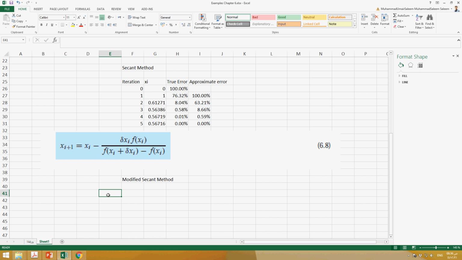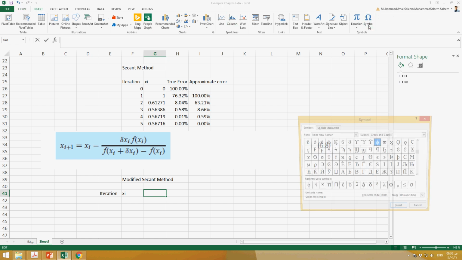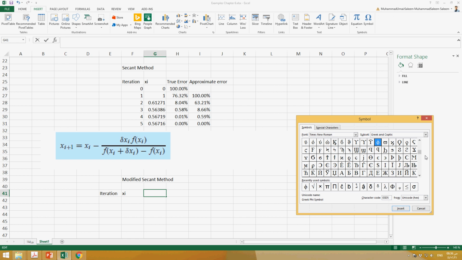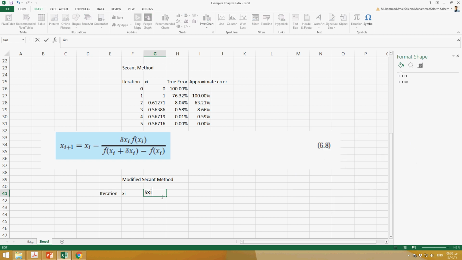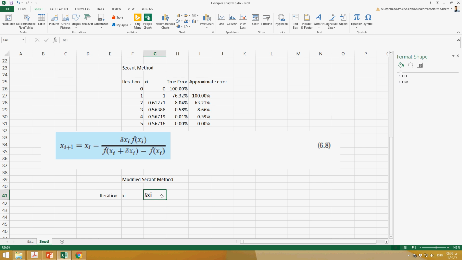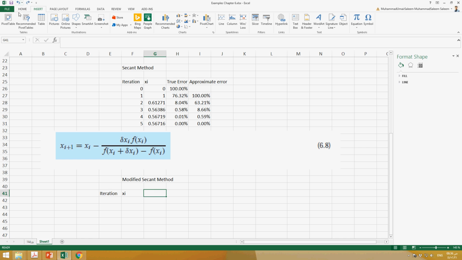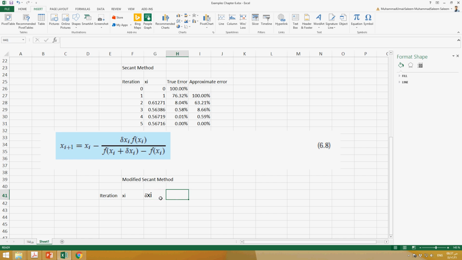For example, just say this is the iteration. Then we have xi, and then we need delta xi. Let me insert this symbol, it's here, insert, delta xi. Okay, and then I just want to make it smaller.